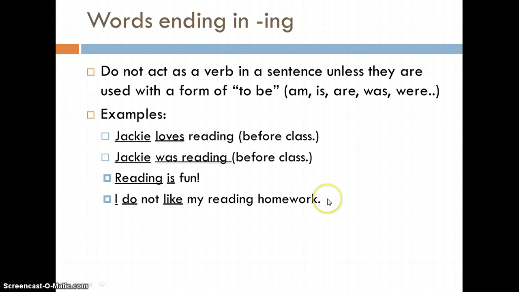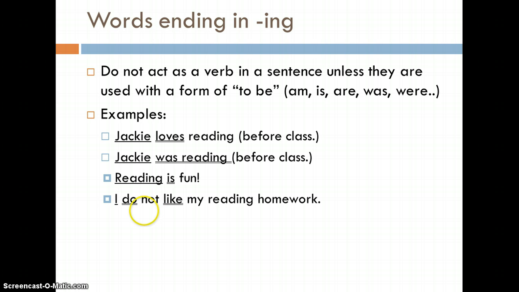One last example. I do not like my reading homework. So we'll start again by looking for prepositional phrases. In this case, we do not have any prepositional phrases. Then we look for verbs. Well, we've got this helping verb do and our main verb like. Not, remember, is an adverb. It's just modifying the verb, so it's not actually part of the verb.